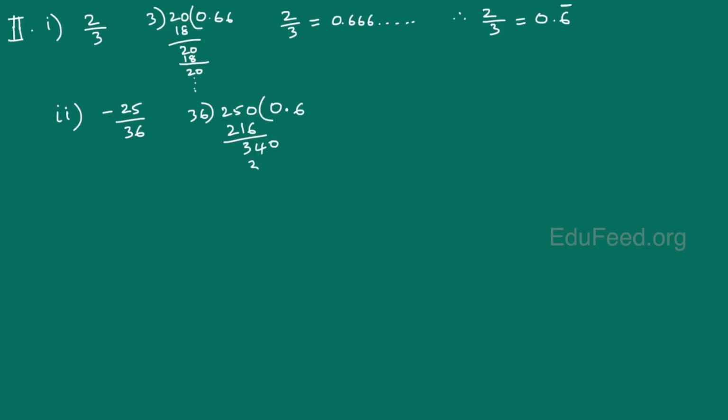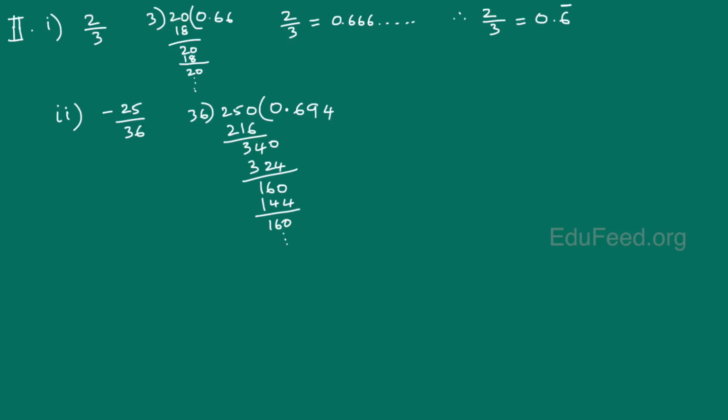Then 36 9 times is 324. Then we have a 16 over here. 36 4 times is 144. Then we have 160, repeating endlessly.